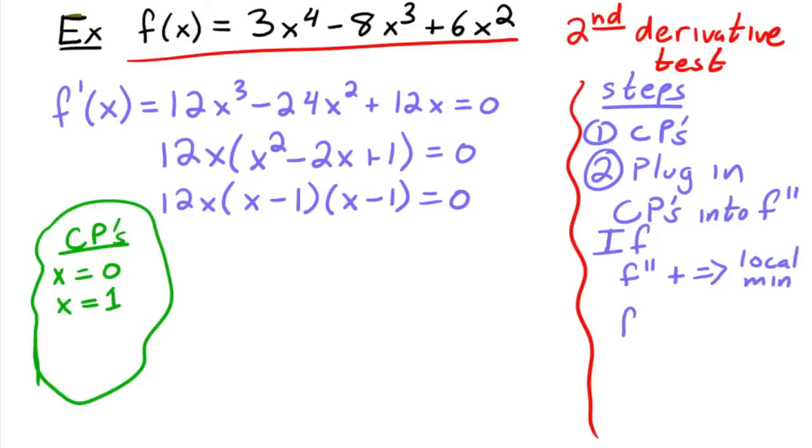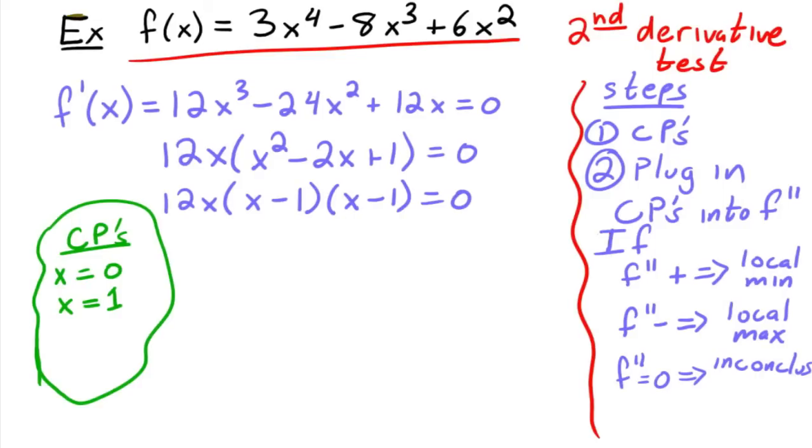And if the second derivative is negative, that means it's going to be concave down, which means it's going to be a local maximum. And if the second derivative is equal to 0, this is bad news. This is inconclusive.